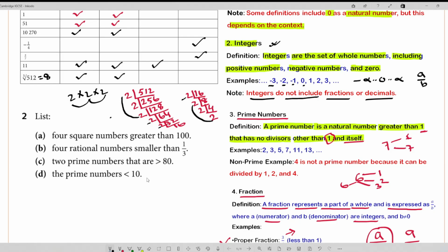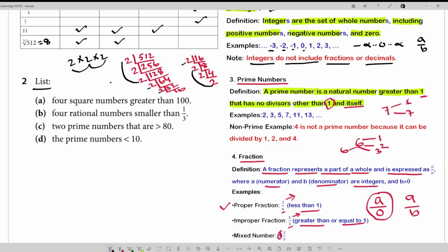Our next part, lists. Question 2a: 4 square numbers greater than 100. The square numbers need to be greater than 100. 100 is 10 squared, so we need 11 squared, which is 121.